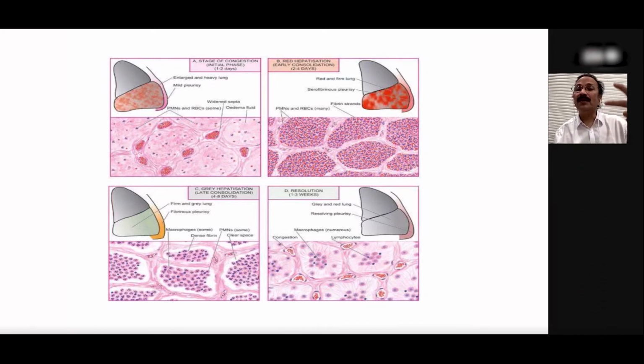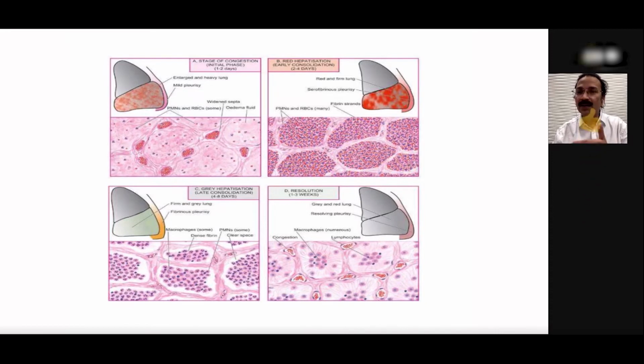Now one more marker comes into the picture, which is called procalcitonin. This is all part of the stage of congestion and red hepatization. That's why I have put it here. Now what is procalcitonin? It is a biomarker. Whenever there is a bacterial inflammation, mark my words, it upregulates the synthesis of procalcitonin, and procalcitonin is pushed into the blood.